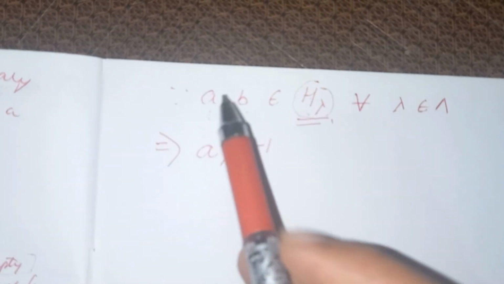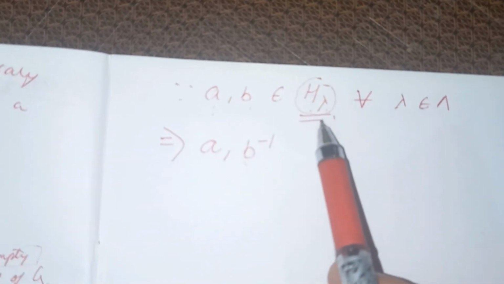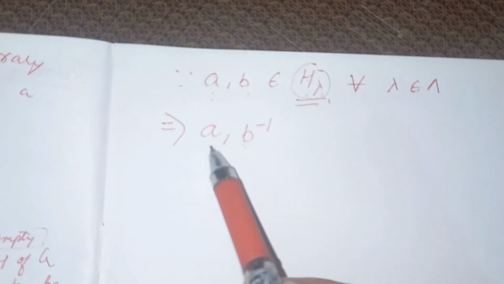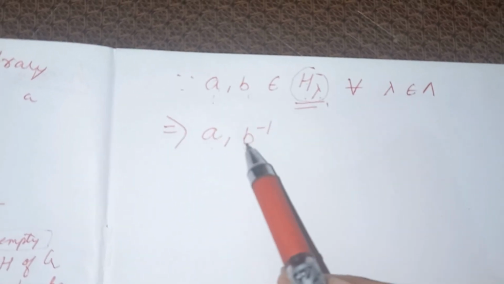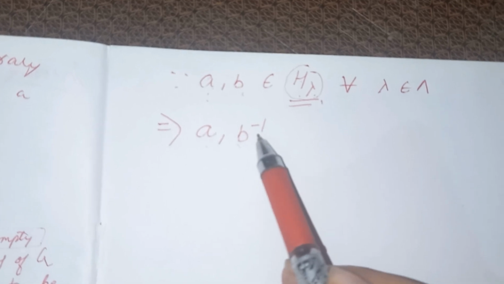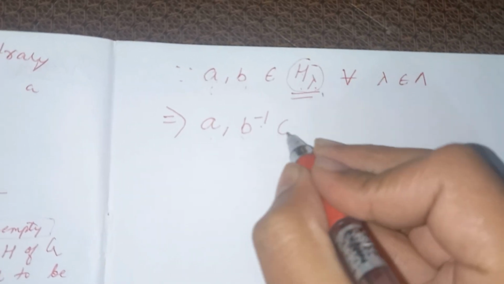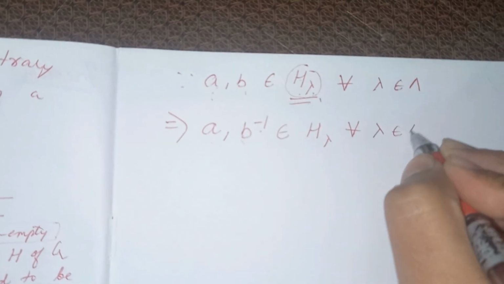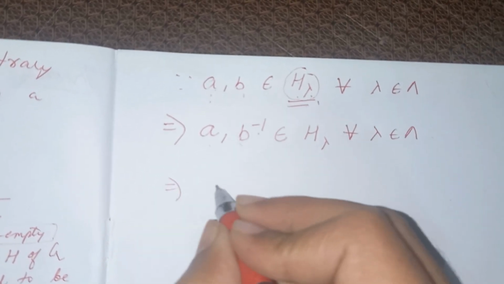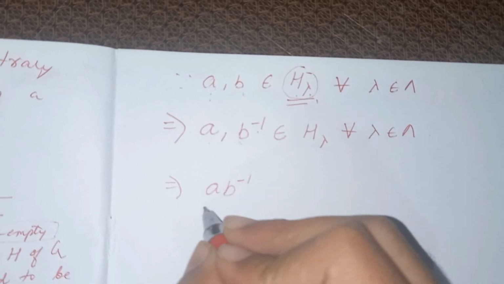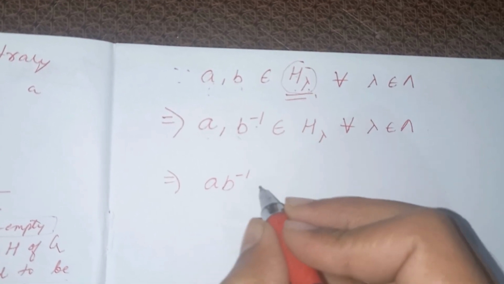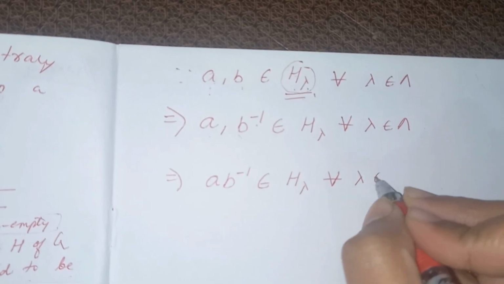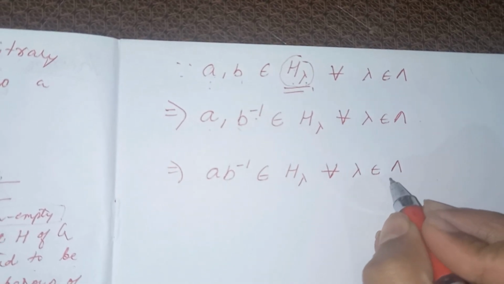So since H lambda is a subgroup of G, it is also a group. So if A belongs to H lambda, then the inverse element of B will also belong to H lambda, which means if we operate A with B inverse, it will also belong to H lambda for all lambda belongs to the index set.